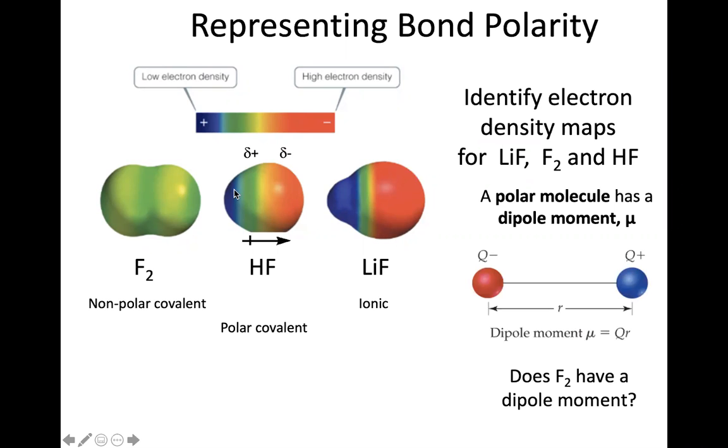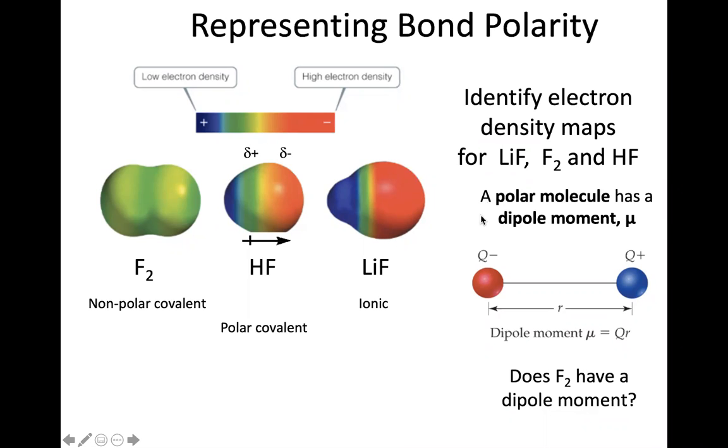One more thought for you on the same topic. If you see this language here, the description, we've just been talking about whether we had a polar molecule or not. Differences in electronegativity giving rise to a polar molecule. That will also be called as having a dipole moment. The symbol for that is mu.